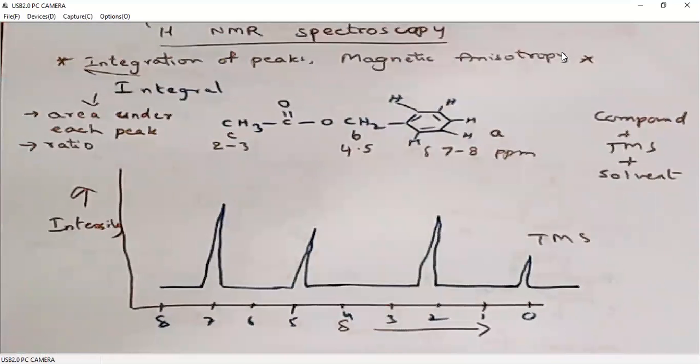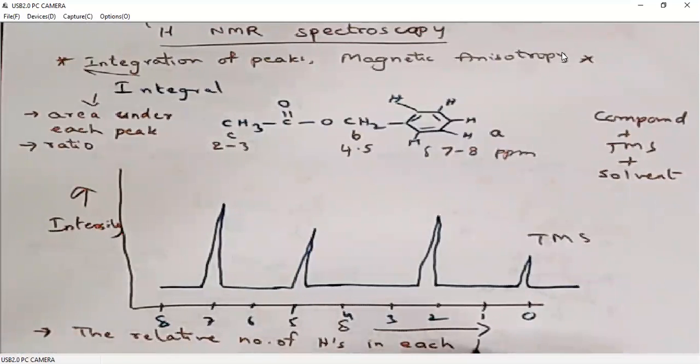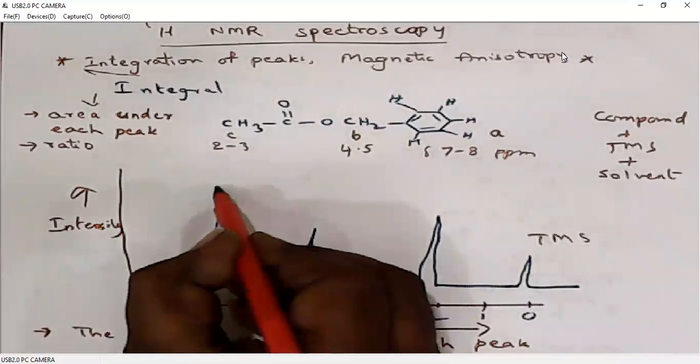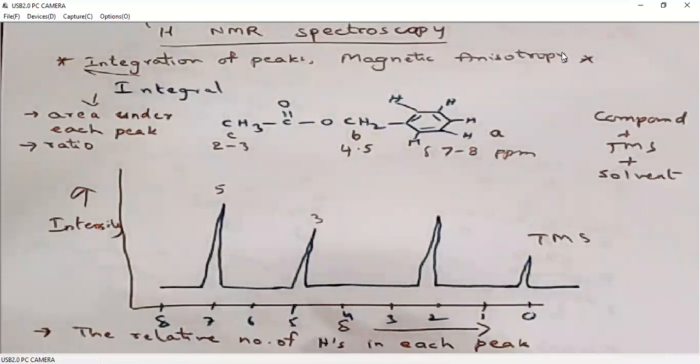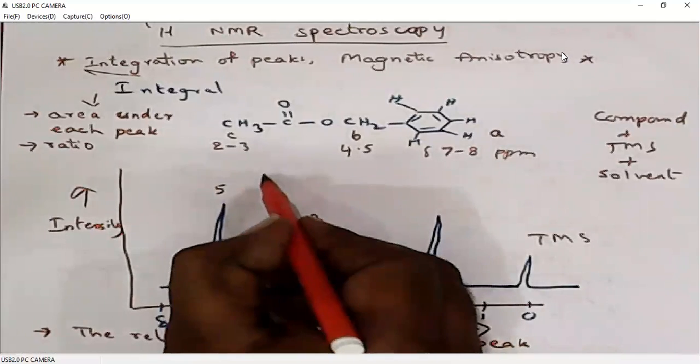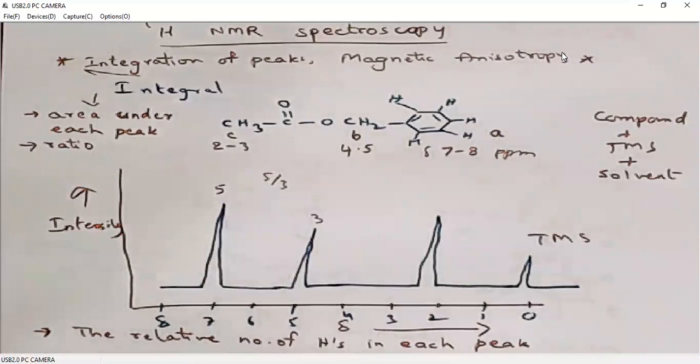So from this ratio data, we get the relative number of protons in each peak. That means, for example, this is for 5 protons, this is for 3 protons, right? So when we take the ratio, it will appear as 5 is to 3.